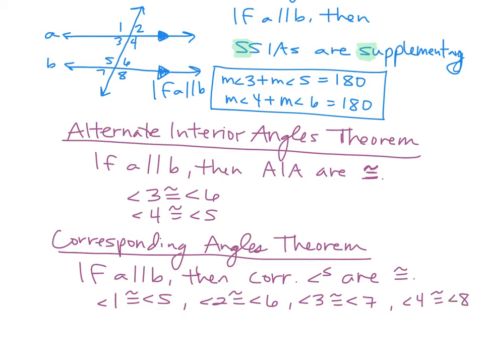So if lines are parallel, notice that every single one of these starts with if the lines are parallel. Same thing on the top one, if the lines are parallel. So as long as the lines are parallel, then these angles hold true. The correspondings are congruent, the alternate interiors are congruent, the same side interiors are supplementary, right? So there's 3 of the 4.